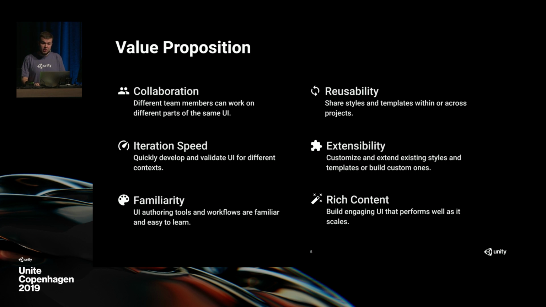This was big: familiarity. We wanted to leverage knowledge outside of the Unity ecosystem to build something that is familiar to both Unity veterans and new users to Unity. And finally, we want to make something performant. It's a big one. We want your UI to not stand in the way of your actual game, right?